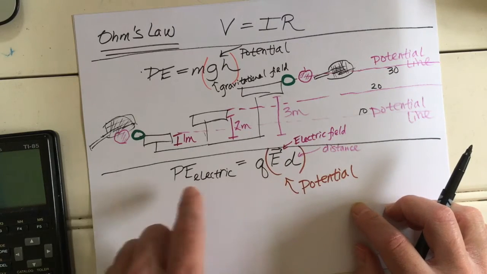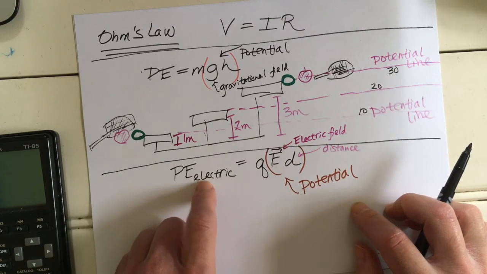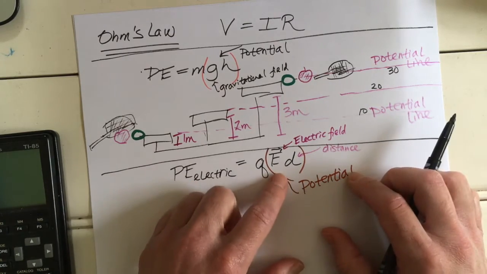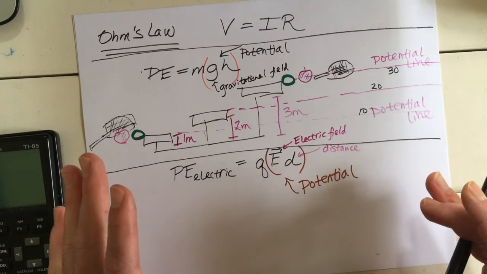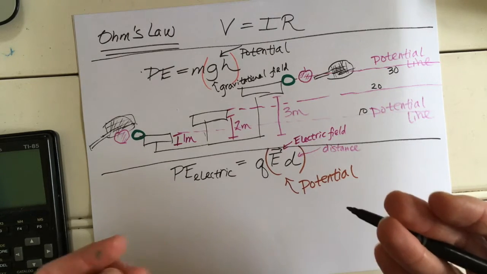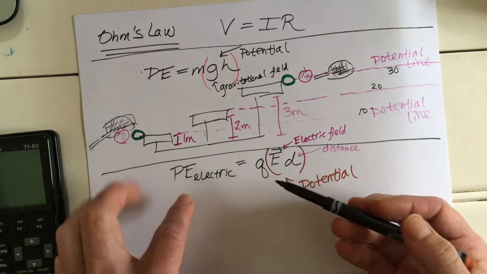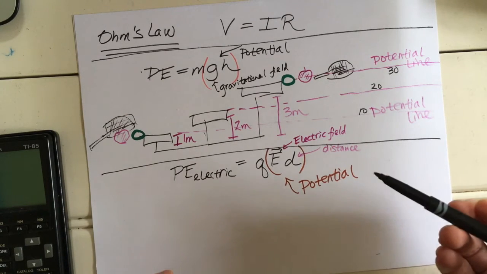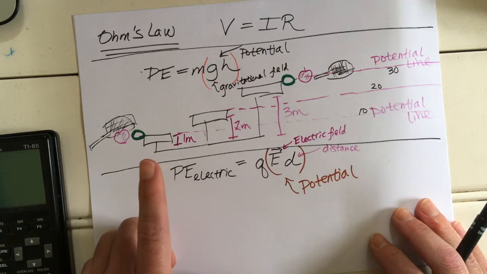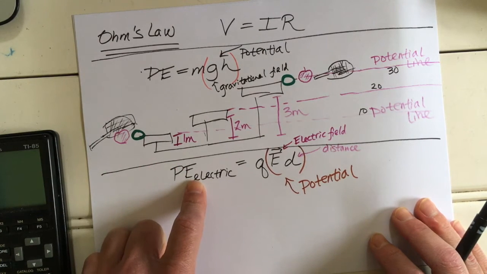Okay, and so why talk about potential? Why not just talk about electrical potential energy? I don't have a great answer for that, but I can explain that that is the normal way we do things with electricity. When you go to the store to buy a battery, you don't necessarily buy electric potential energy, right?